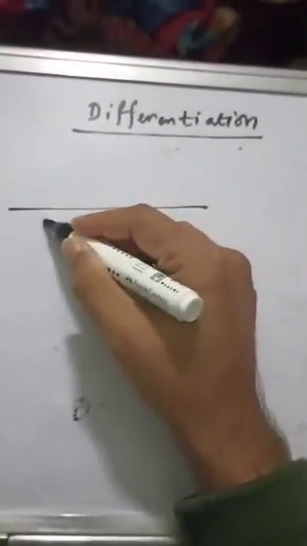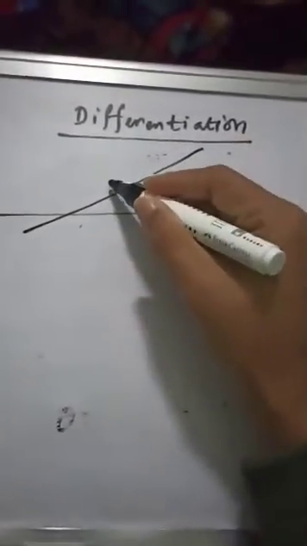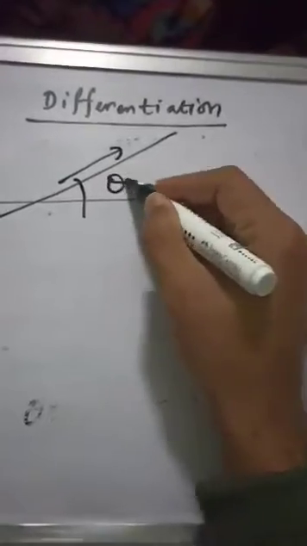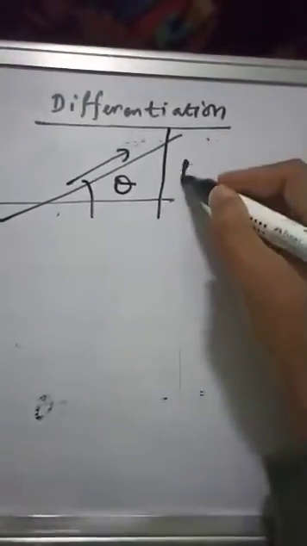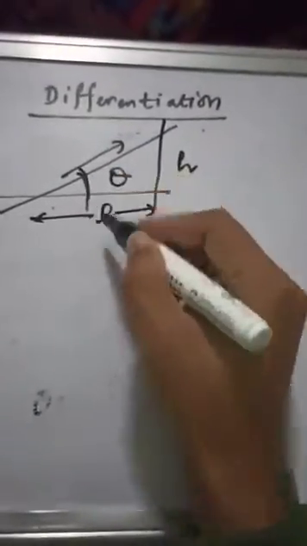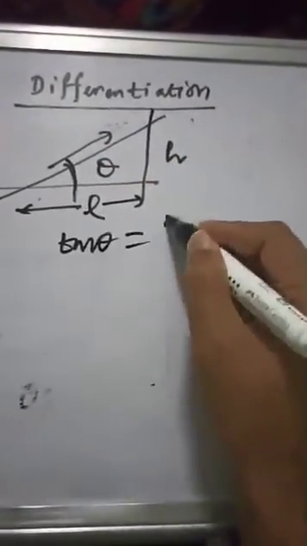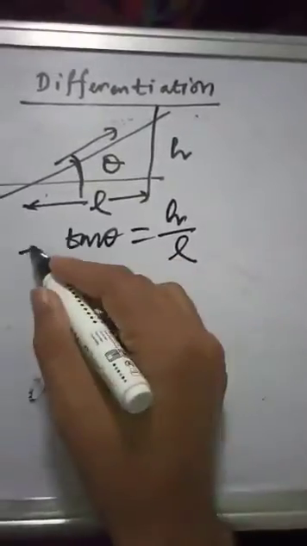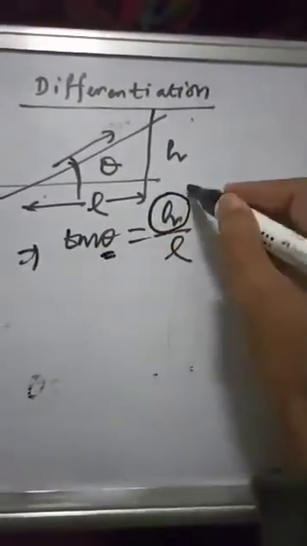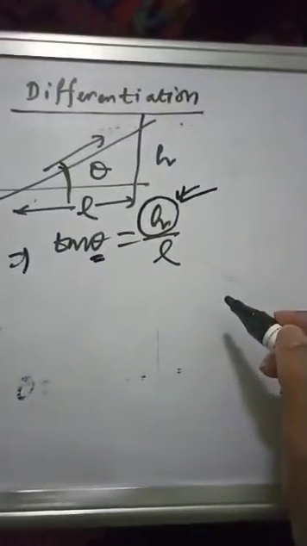You will see an aeroplane is just going up, then it makes an angle theta, right? Suppose the height is h and the length is l, so here we get slope tan theta equal to h by l. From here if we know the theta, then we can also find the h.